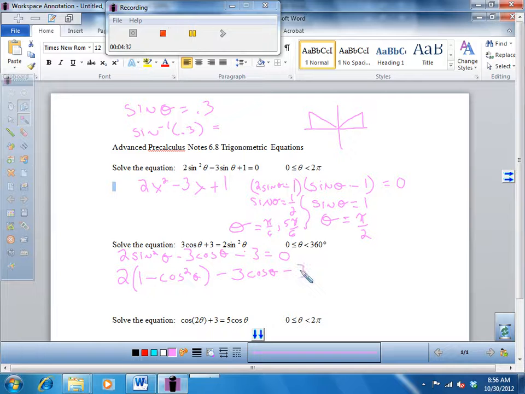Maybe I shouldn't have brought this onto the left side, but that's okay. Equals 0. Now I'm going to distribute, and I get 2 minus 2 cos squared theta, minus 3 cos theta.